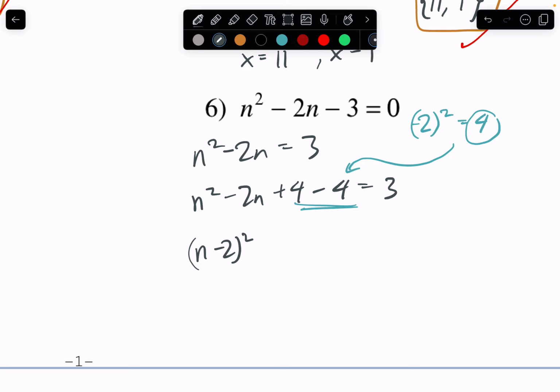Something doesn't look right. This cannot be.